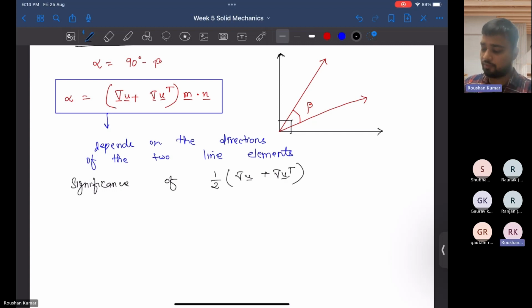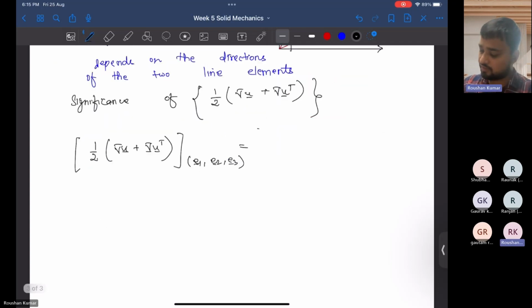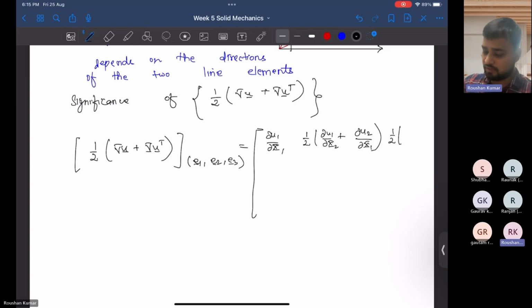If we want to write this second order tensor in component form, the components of half of grad u plus grad u transpose in the E1, E2, E3 basis can be written as: del u1 over del x1, half of del u1 over del x2 plus del u2 over del x1, similarly half of del u1 over del x3 plus del u3 over del x1.